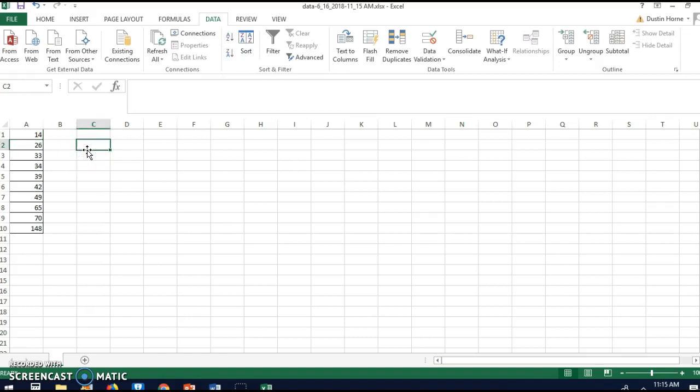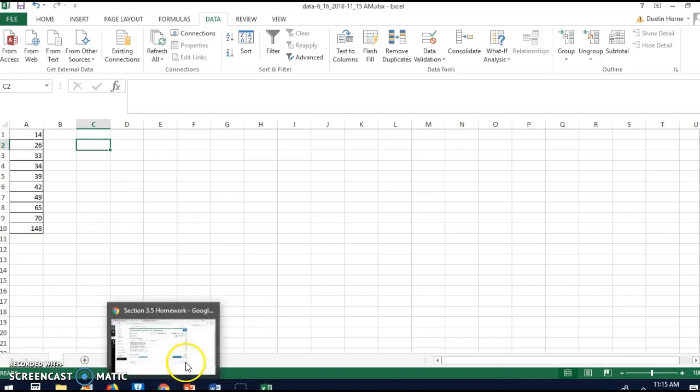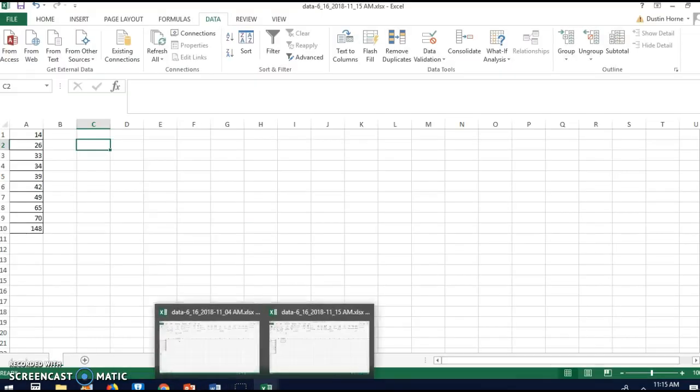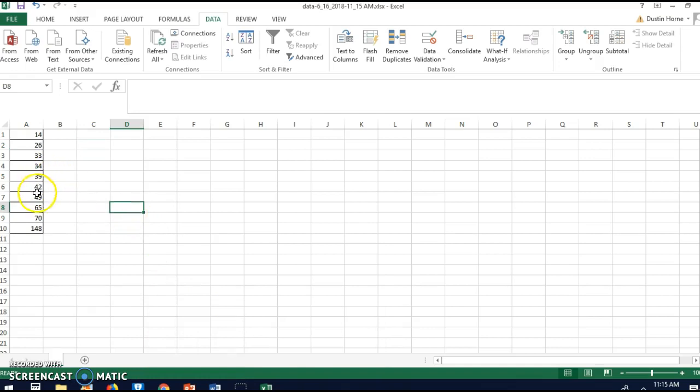And then I want to find the percentile rank, or I believe it was 50. The percentile rank for 50. So how many numbers do I have below 50? Well, I have 7 below 50 from here on.